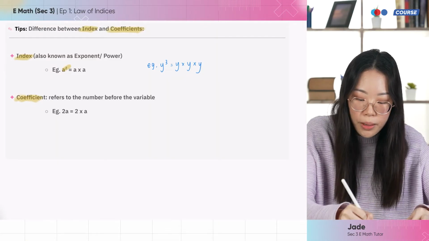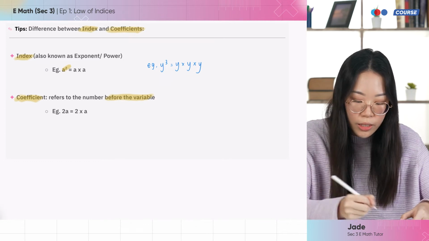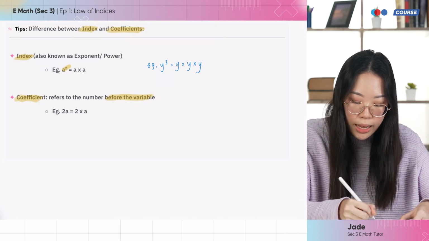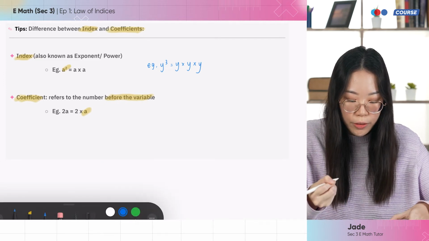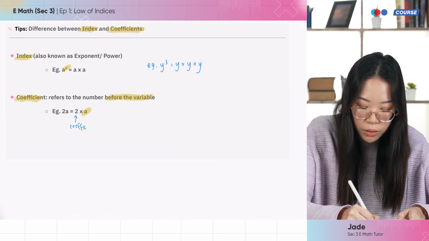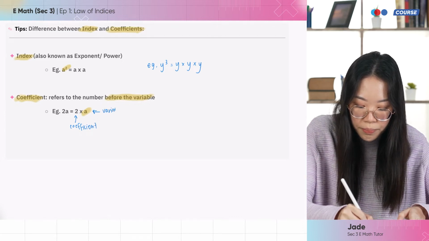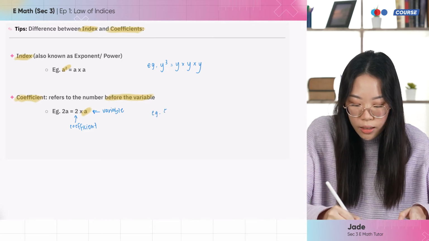And for coefficient, it refers to the number before the variable. Variable is something that's unknown. So in this case, we have 2a. a here is our unknown. So the coefficient will refer to the number 2. So this is coefficient, and a is our variable. Let's say we have 5x.